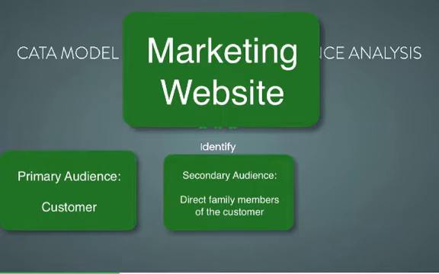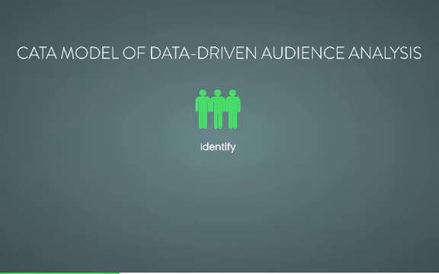Well, the primary stakeholder may be the actual parent who has the money. Secondary stakeholder might be the child, depending on the age of the child. And then tertiary stakeholder might be a family member, like an uncle or an aunt who is going to purchase a toy for this child, right?